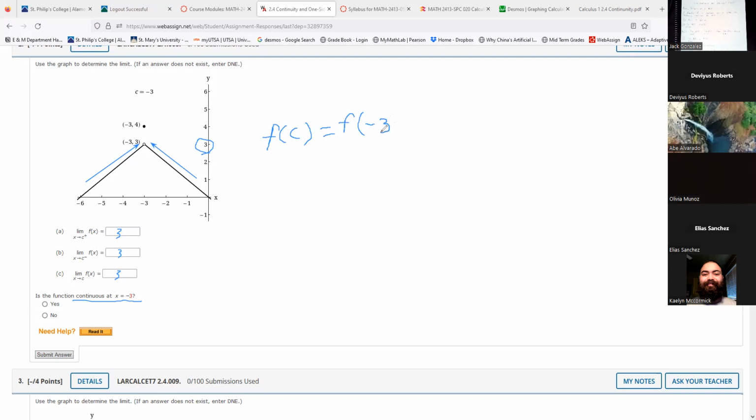Plug in -3, what do you get? Where are we on the graph? At +3? No, there's a hole there, right? Oh, 4. Yeah, we're up here. Yep, 4. I just didn't say the 4.